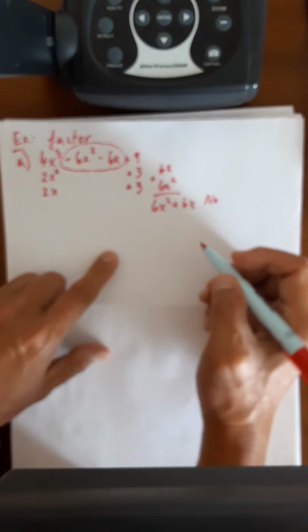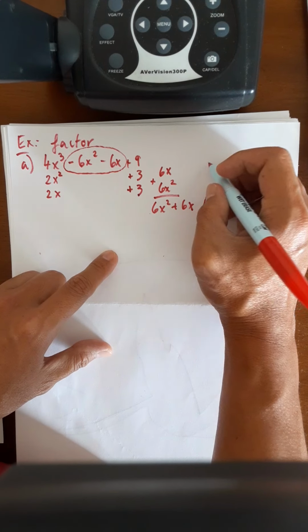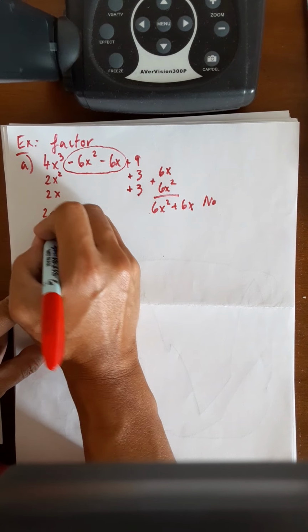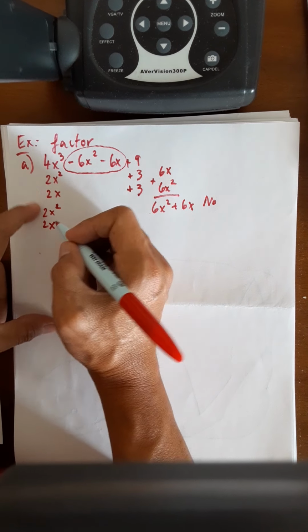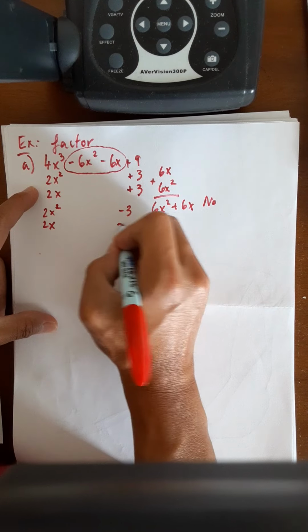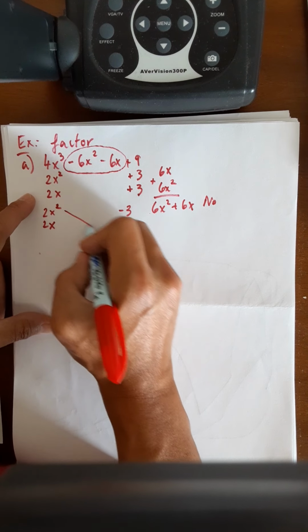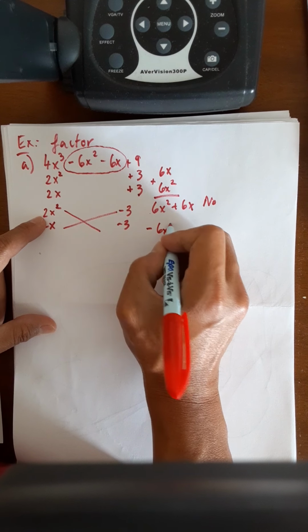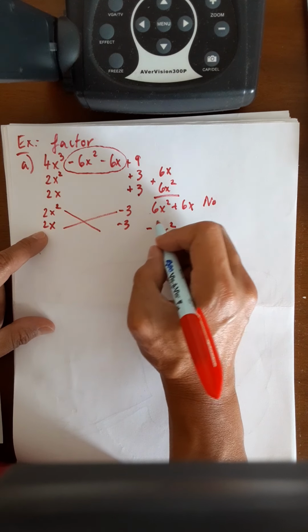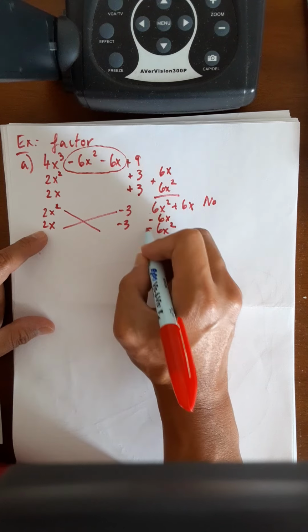So I want to do 2x squared, 2x, and then negative 3 times negative 3. Cross multiply: 2x squared times negative 3 is negative 6x squared, 2x times negative 3 is negative 6x.